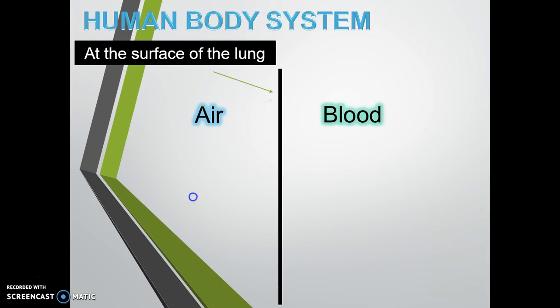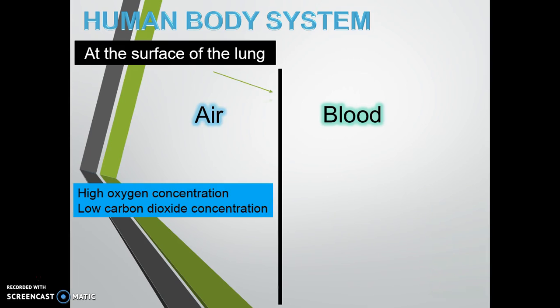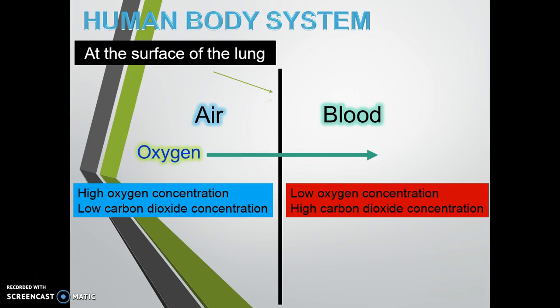In our body system there is also a mass transfer application, at the surface of our lung, which is like the barrier between the environment and the blood. We know that the environment contains a really high concentration of oxygen, whereas our blood has a low concentration of oxygen.